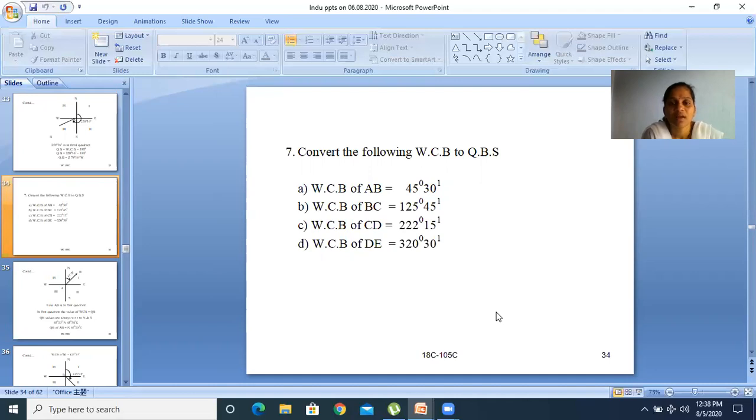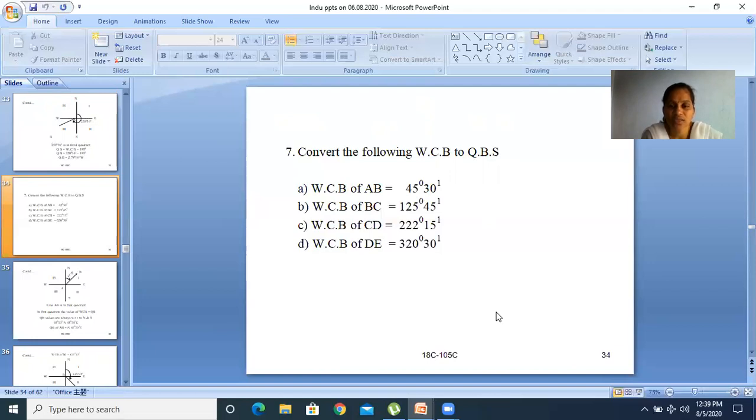So 45 degrees 30 minutes, that is the whole circle bearing of the AB line. Which quadrant does this lie in? Yes, it is in the first quadrant. So the AB line is in the first quadrant. The rule is QB is equal to WCB, and northeast is the quadrant. The BC line, 125 degrees 45 minutes, is in the second quadrant.